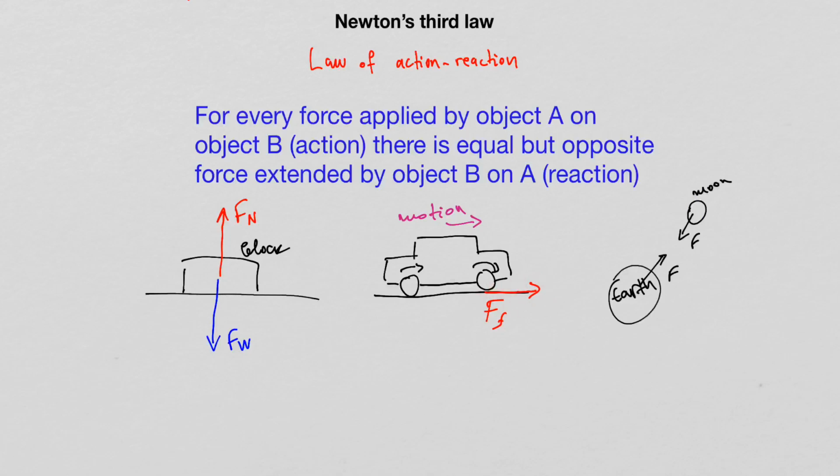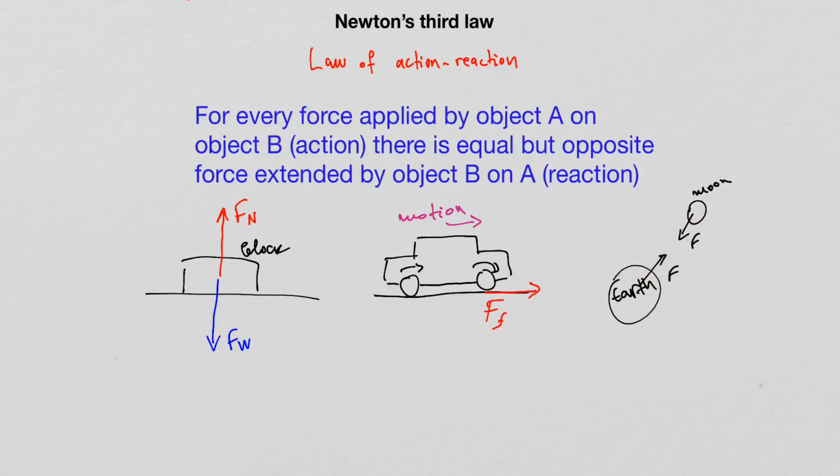The last example would be the gravitational force between two objects, for example, the Earth and the Moon. The Earth pulls on the Moon with some gravitational force F, but we also know that the Moon pulls on the Earth with gravitational force F. This is the force with which the Earth pulls on the Moon, and this is the force with which the Moon pulls on the Earth.